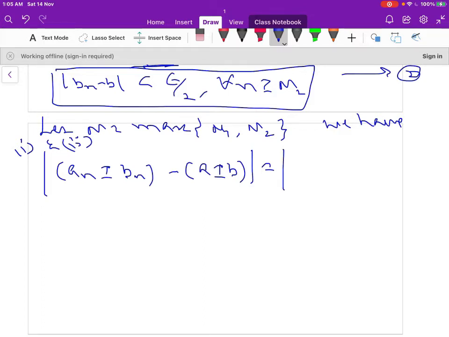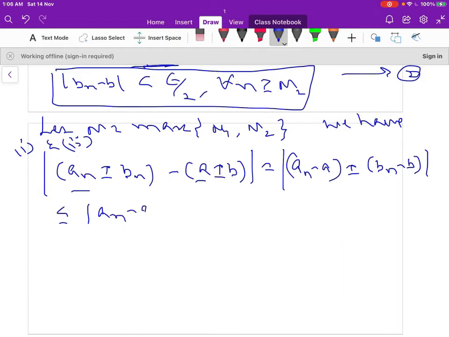is equal to the modulus of (a_n minus A) plus or minus (b_n minus B).